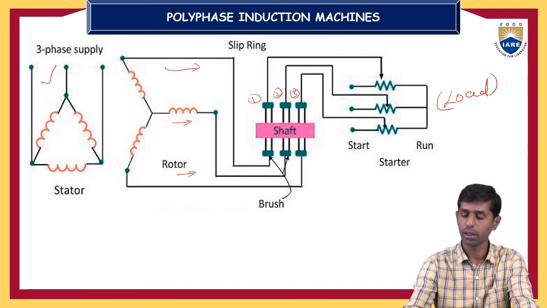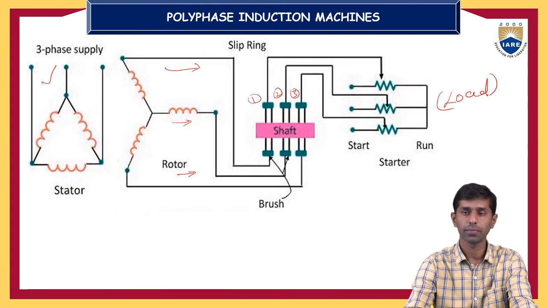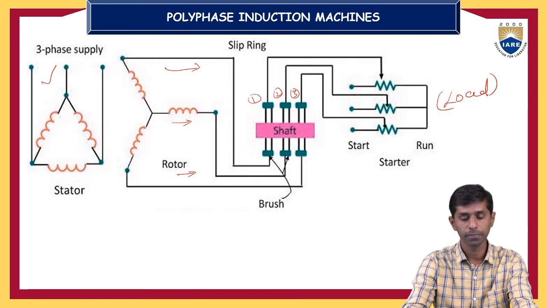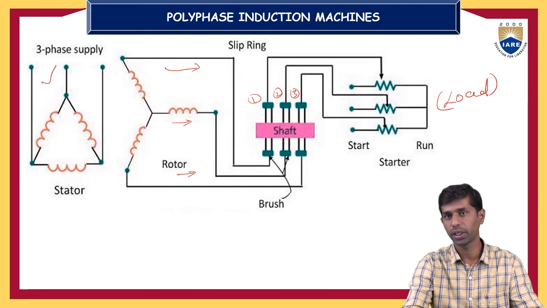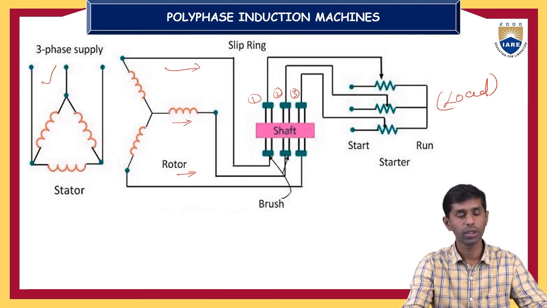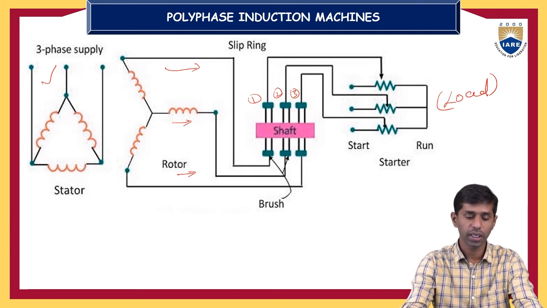So in the case of the slip ring induction motor, the rotor resistance can be varied with the help of an external bank of resistors connected in the rotor circuit. So we can increase the resistance of the rotor circuit, and that also increases the starting torque. Whereas in the case of squirrel cage induction motor rotors, the resistance of the rotor is not variable.